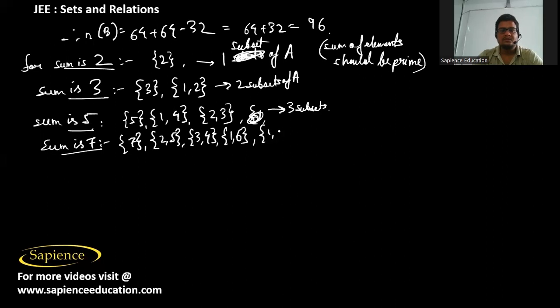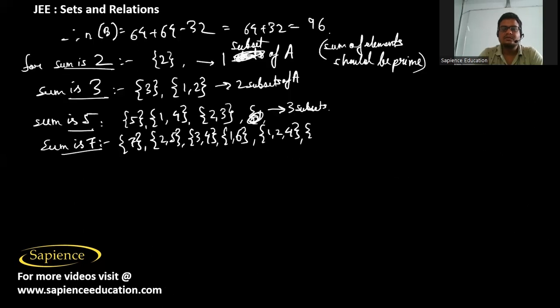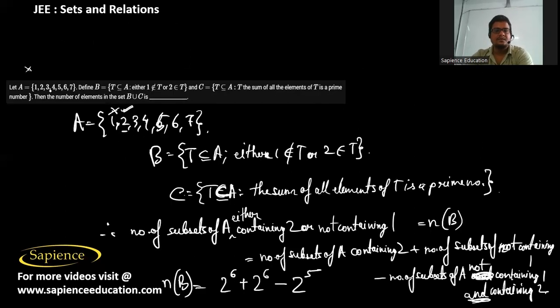And then we can take 1, 2 and 4, which is 3 elements.